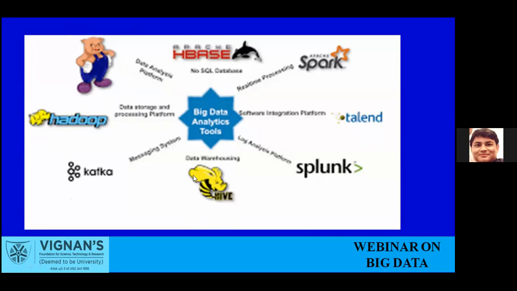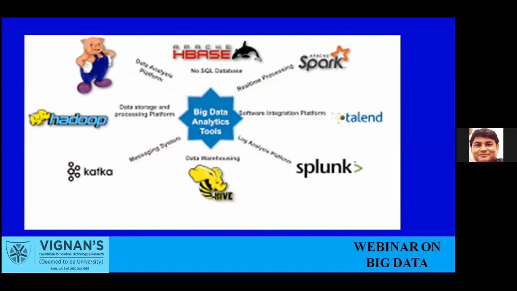Hive was given by Facebook, because if Facebook wanted to work with Hadoop only through Java, unfortunately the Facebook developers don't know Java programming. So they developed a tool called Hive, which behaves like a SQL interface.